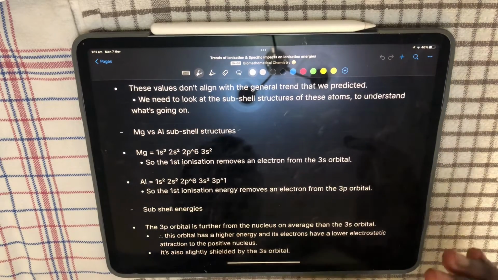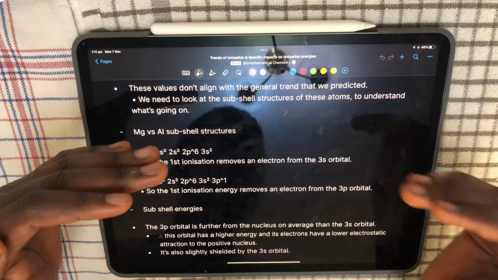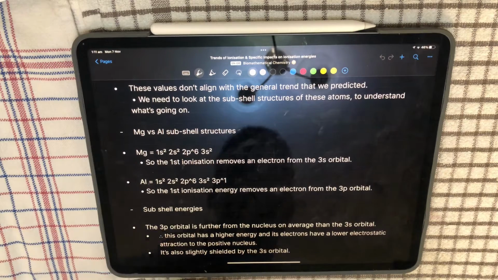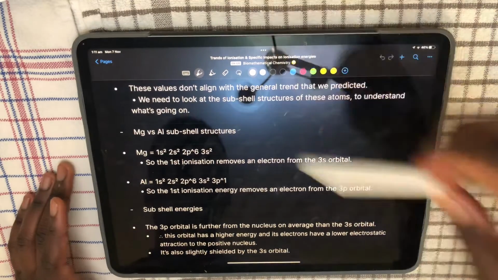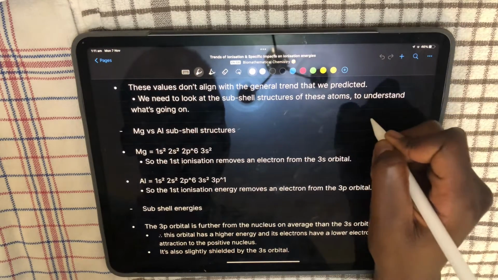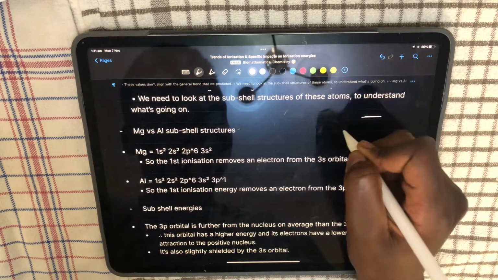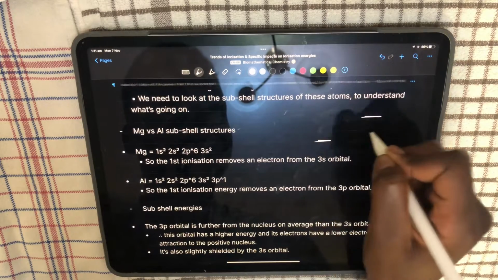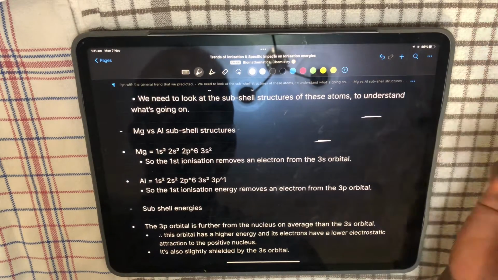If we imagine ionization energy as a kind of activation energy, imagine the s orbital being like this. Imagine this being the activation energy, which is the ionization energy.